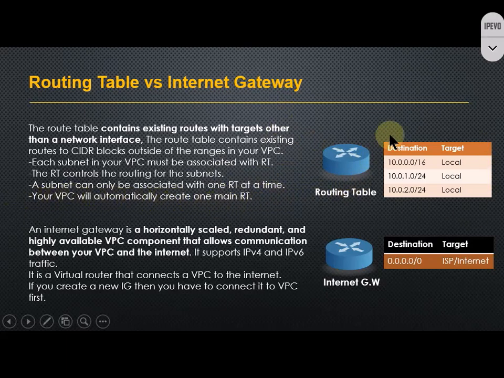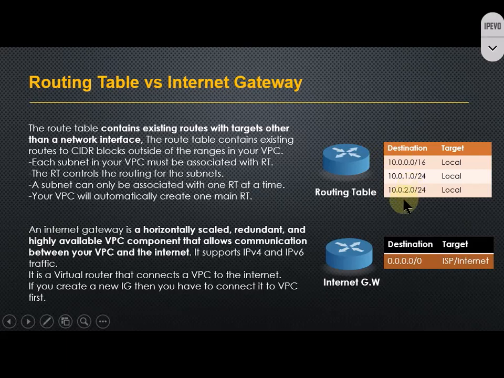As you can see, this routing table will automatically be created. 10.0.0.0/16 is going to be your main CIDR block, not routing table, sorry. Then we have specific network addresses like 10.0.1.0 and 10.0.2.0, so they can communicate locally with each other.